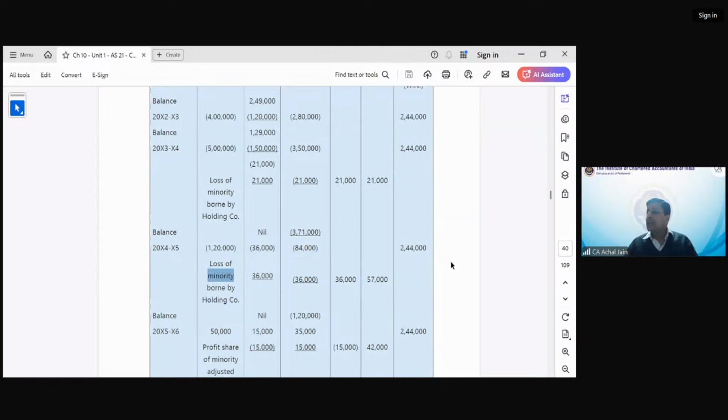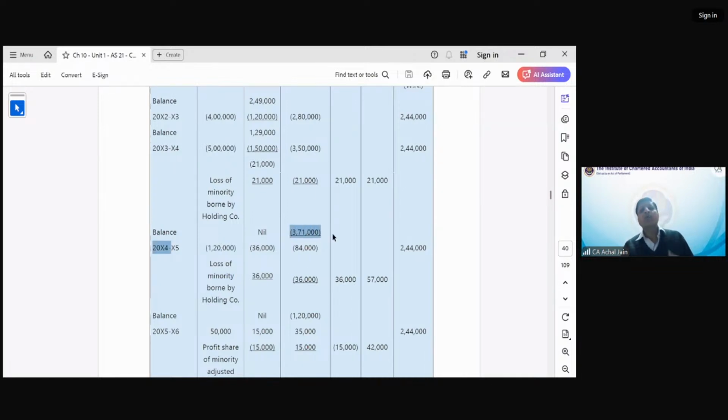Okay. Now Kiran is asking, sir, up to third year, holding company P&L is added for minority losses as 3,71,000, and in the next year it was added and made 491. No, I think you should not get confused by these amounts.